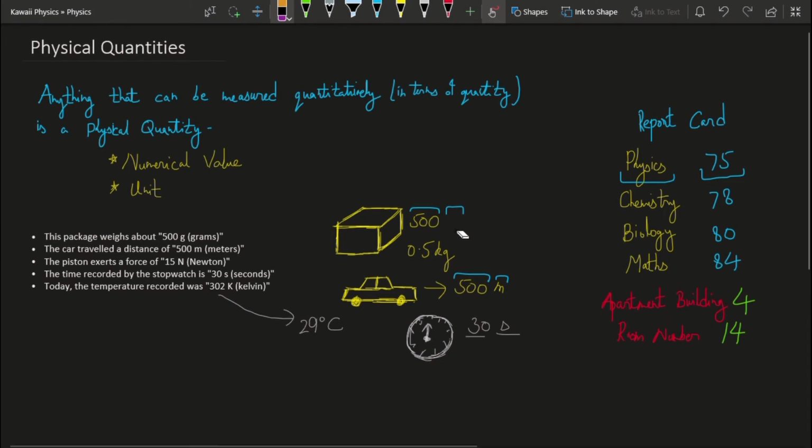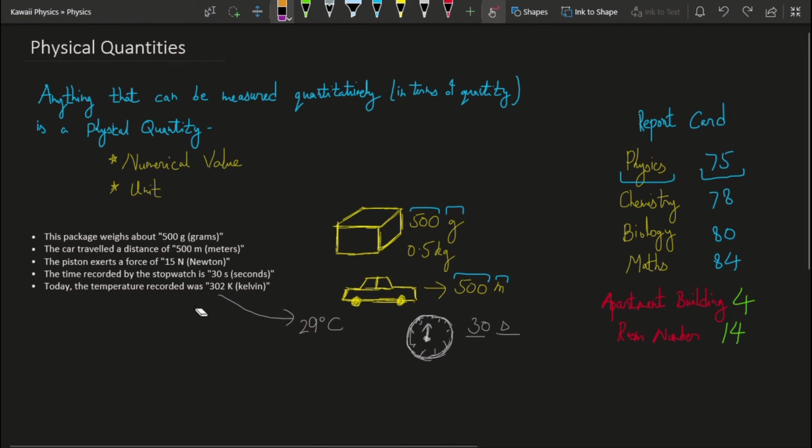You just can't tell how much the package is. You need a unit to tell you. In the same way, if I remove 500, you cannot tell how much the package is weighing. We know the unit, we know the standard in which we are measuring, but you don't know the numerical value of it, so it also becomes useless.